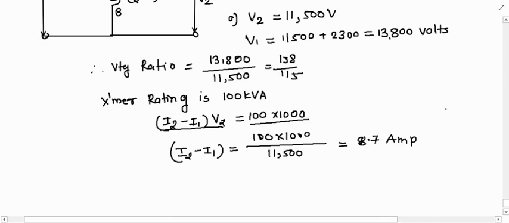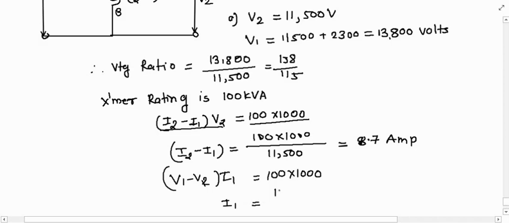Then similarly I can write (V1 minus V2) into I1 equals 100 into 1000. So what is I1 from this?